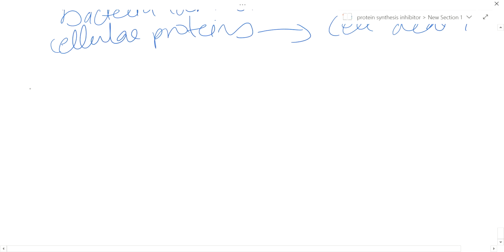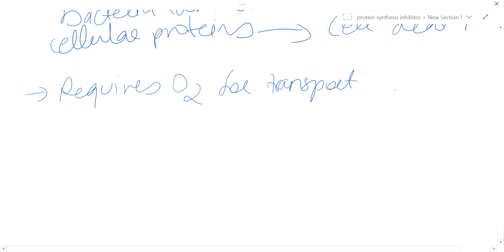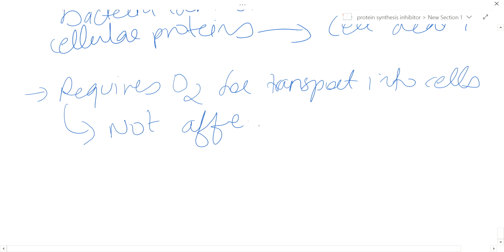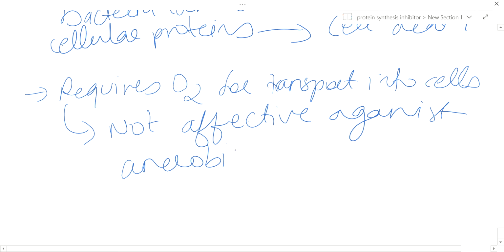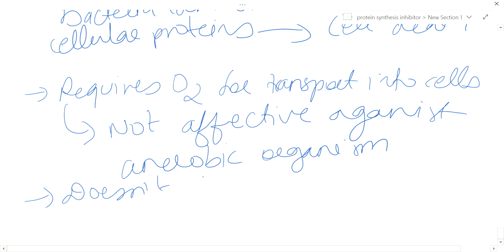And it requires oxygen for transport into the cell. This is the reason why it is not effective against anaerobic organisms, as well as it does not affect eukaryotic organisms.